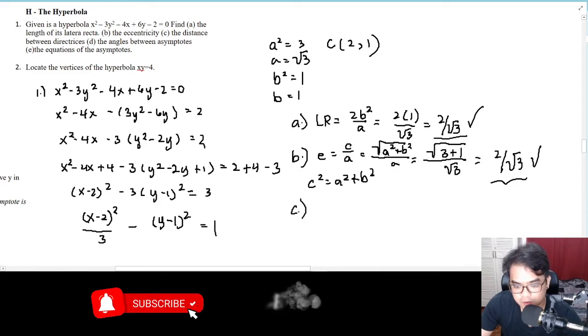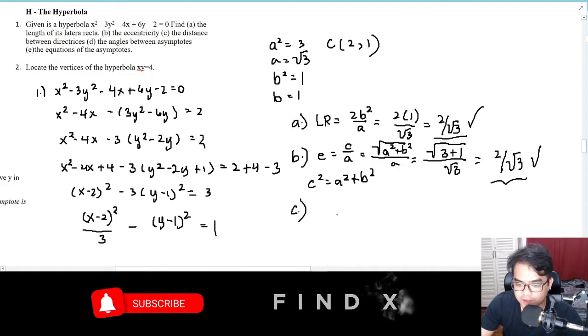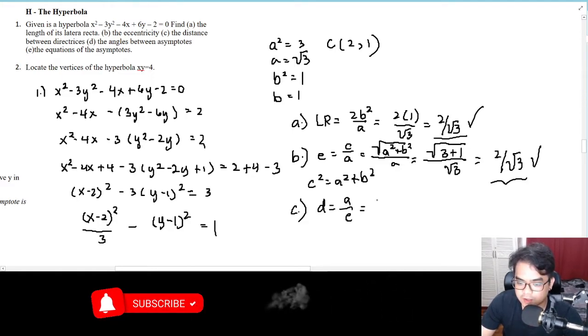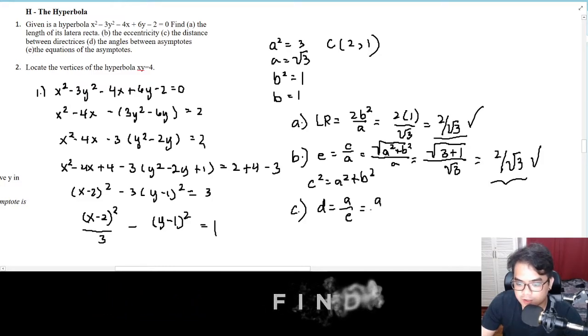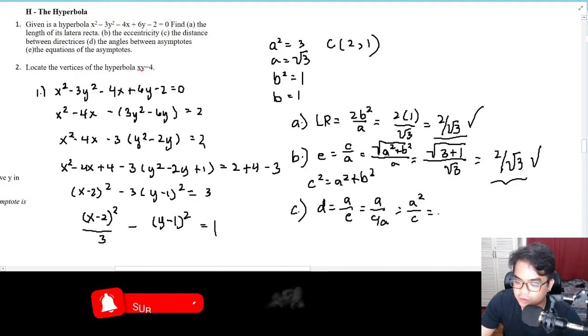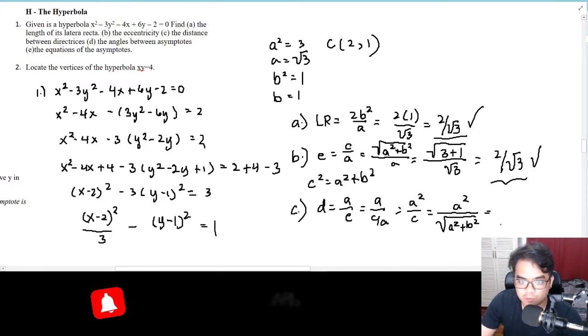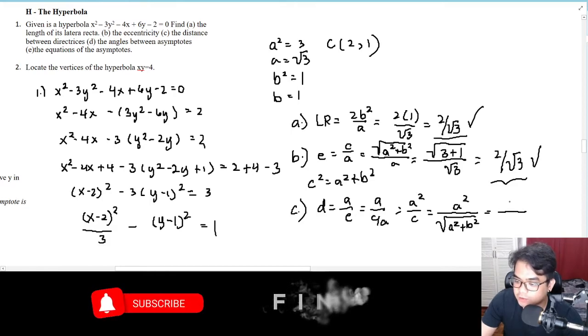So letter C, the distance between directrices. The distance between directrices, that is d, is equal to a over e, right? And e is equal to c over a. So this is a² over c, or a² over square root of a² plus b². So a² is 3, so 3 over square root of 3 plus 1.